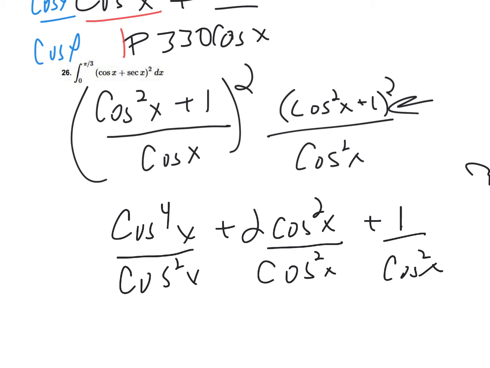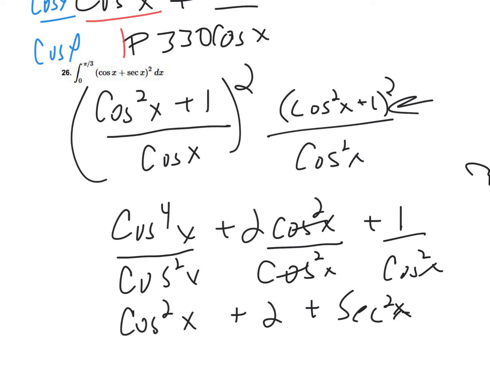So this is just going to become cosine squared x plus, down here the cosines cancel out, so plus 2, plus now 1 over cosine squared is secant squared x. So we know that one's going to be easy now. We know that antiderivative is going to be the tangent. And actually the 2 is easy too, because that's just a constant.